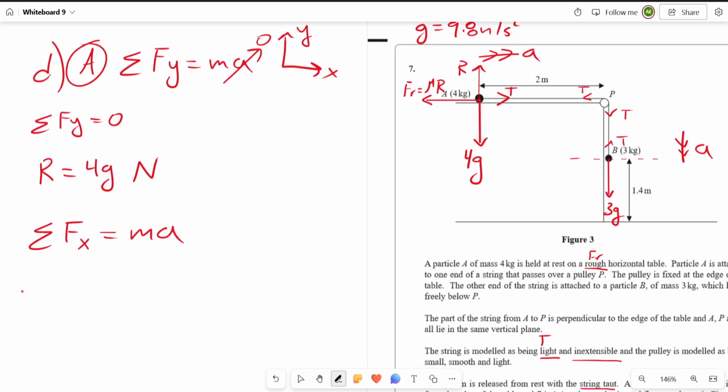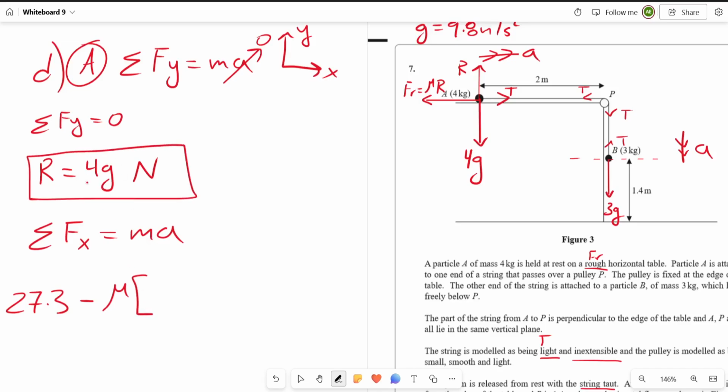So let's do that. Tension is to the right, so I'm going to call it positive T, but I know its value, it was 27.3. And then the friction force, which is mu R, is acting to the left, so I'm going to give it a negative sign, mu times R. So what is R? R, I just got it from the first equation.